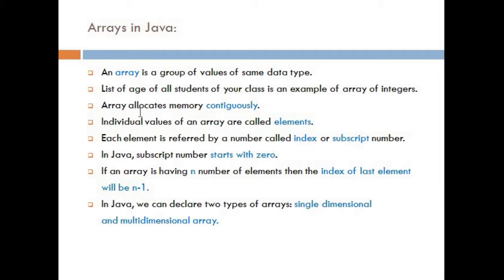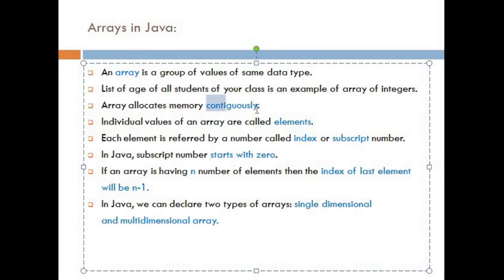That means array allocates memory contiguously. So contiguous means memory is allocated for the stored values inside an array sequentially or one after another.